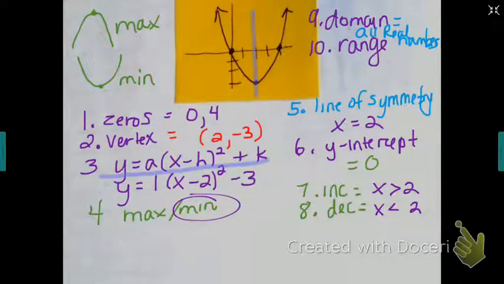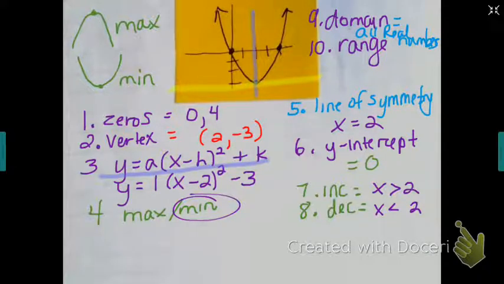The range, however, is not. You see where we drew that line up and down for the line of symmetry? Well, if I draw a line going across, the range is the part that's either above the line or below the line. So is this graph above that line or below that line? Above, right?